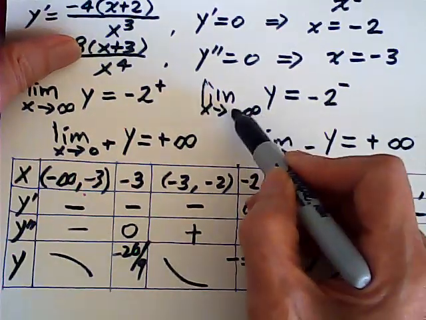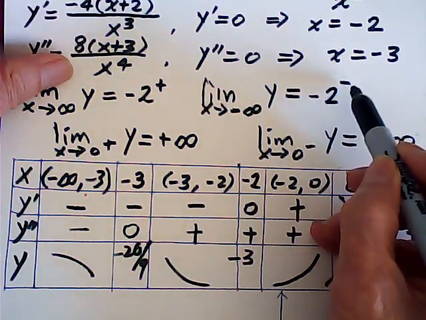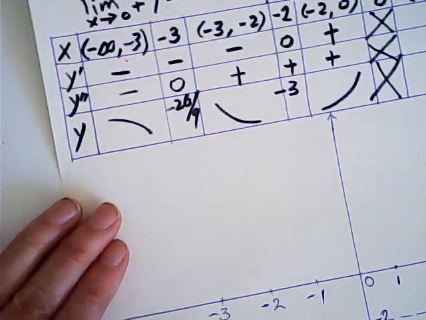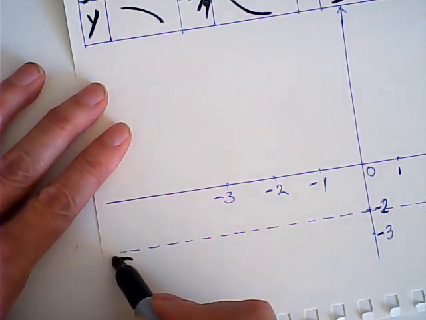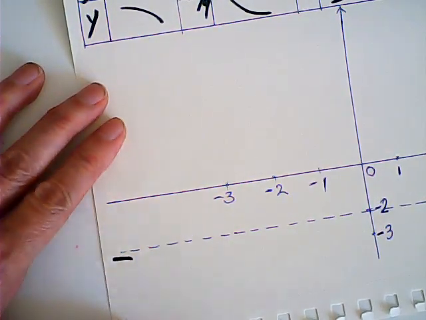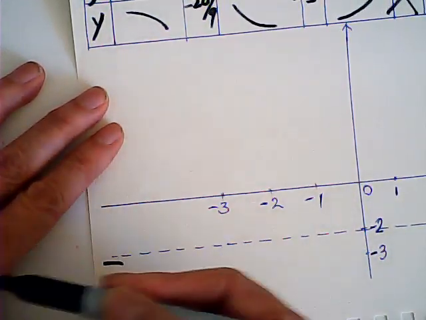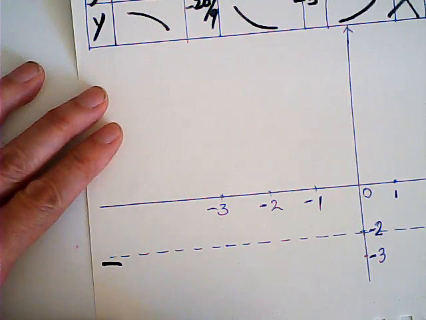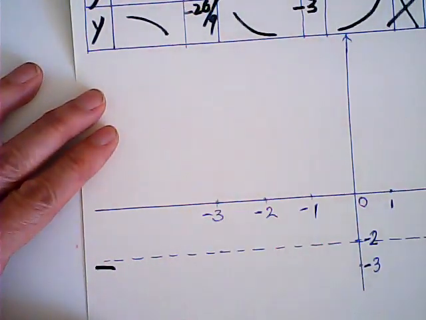This one: when x is minus infinity, y is -2 from below. So it looks like this, from below. This is very far away, 100 miles away from here. The function is approaching -2 from below.